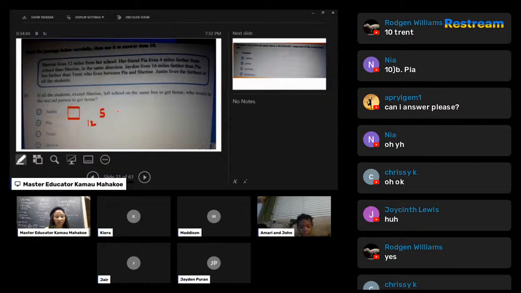So Pia would live, let's say, here, that's 4 additional miles in the same direction. Jaden lives 16 miles further than Pia. So that's another 16 miles.